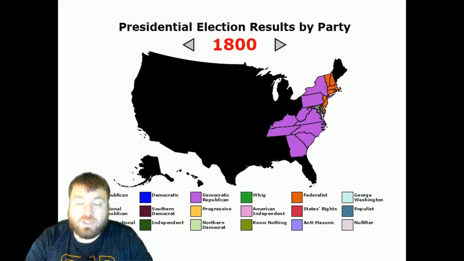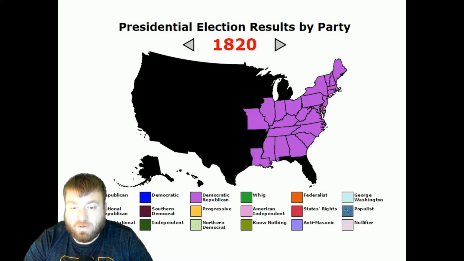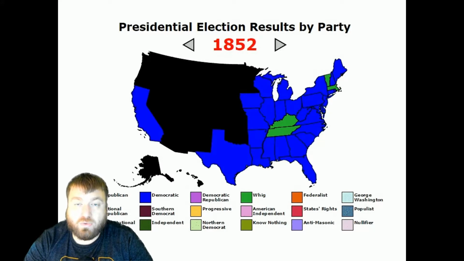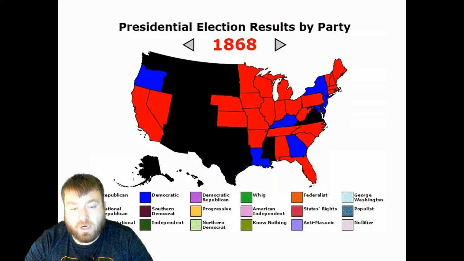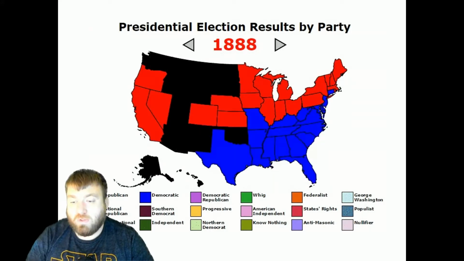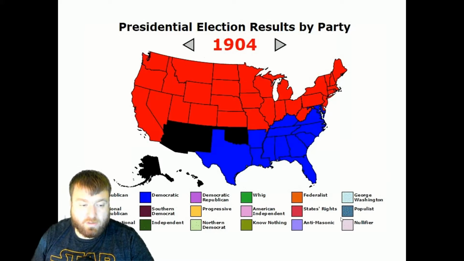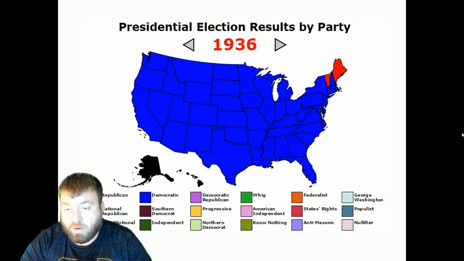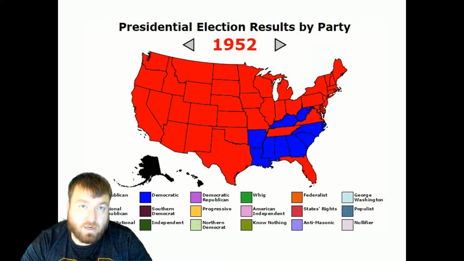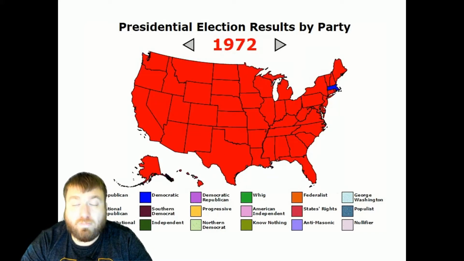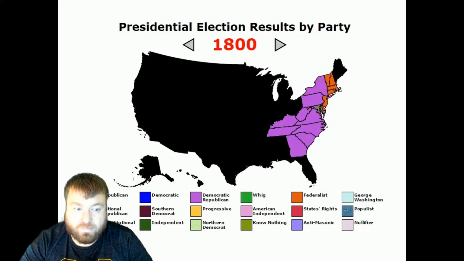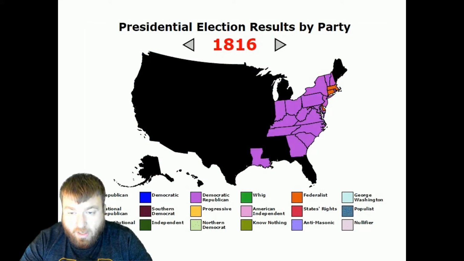Now the first thing I want to show you is this neat little animation here. What this is showing you is the presidential election results by party. If you pay attention to the bottom part of this animation, it shows you most of the different parties that have existed throughout our history, I won't say all of them, but the ones that had a substantial following.